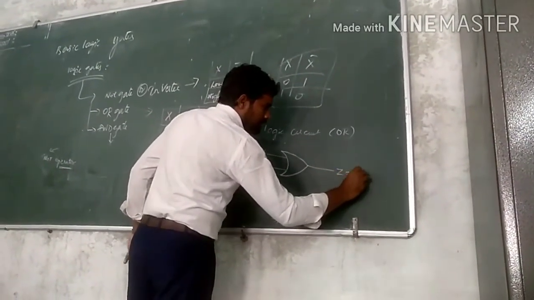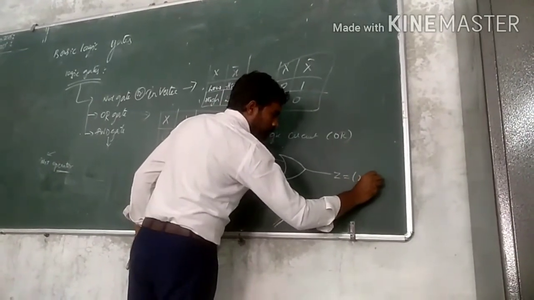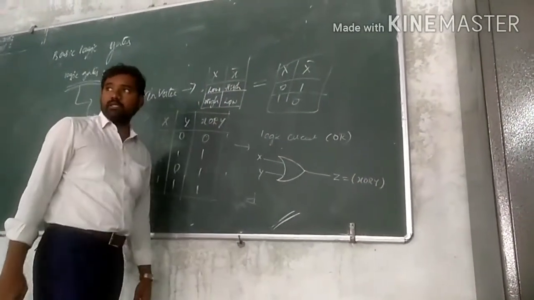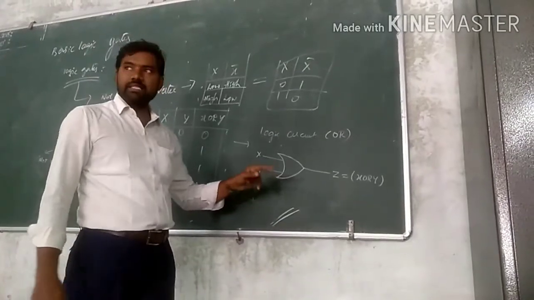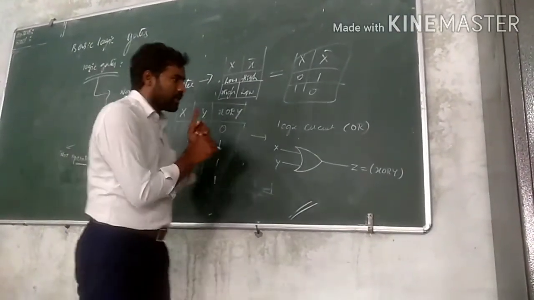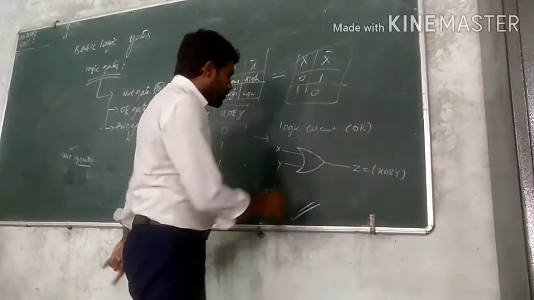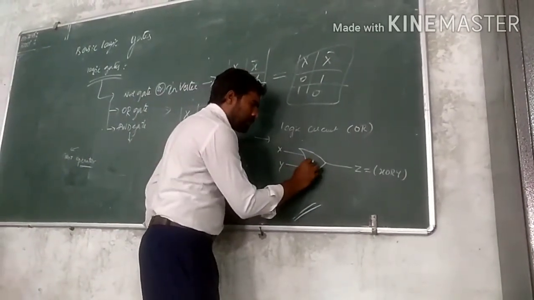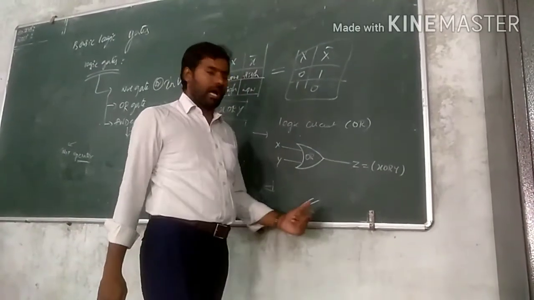Z means x or y. So this is the way of calculating. In the examination they will directly ask: write down the truth table for the OR gate and draw the logic circuit diagram for the OR gate. So you need to use that. This is the logic circuit diagram for the OR gate.